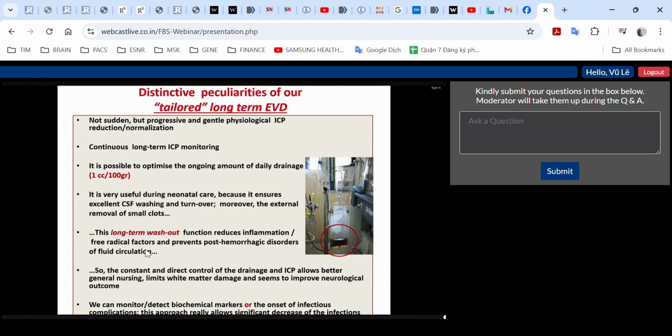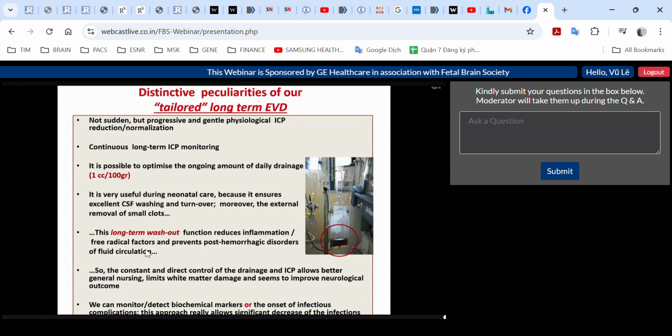It's very useful during neonatal care because it enhances CSF washing and removal, moreover the external removal of small clots. This long-term washout function reduces inflammation and free radical factors, and prevents post-hemorrhagic disorder of fluid circulation. So the constant and direct control over the drainage and ICP allows better general nursing, limits white matter damage, and seems to improve neurological outcome.